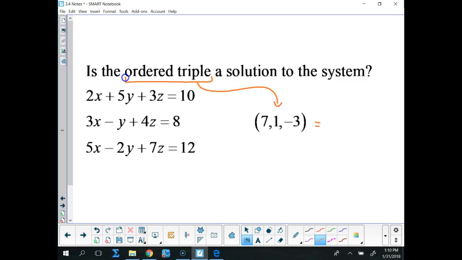And that is usually in the form x, y, and z, or a, b, and c. Notice the alphabetizedness of the letters. That's usually how it goes, unless otherwise specified. So how do you think we would go about answering the question, is that ordered triple a solution to the system?